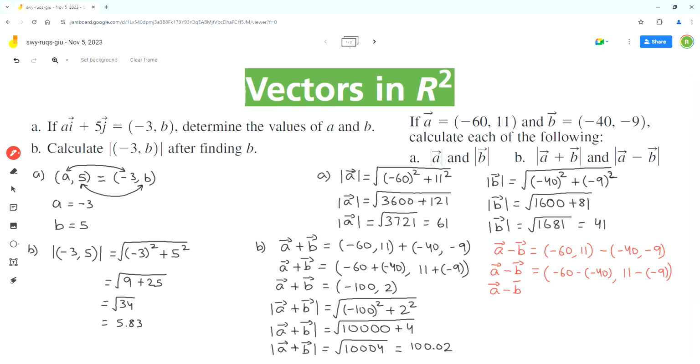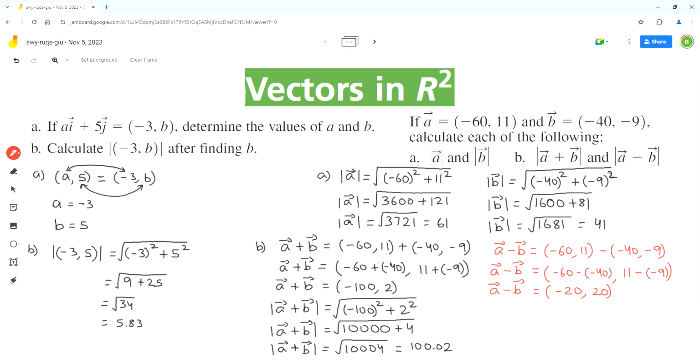So negative 60 minus negative 40 is equivalent to negative 60 plus 40. So we'll get negative 20. And 11 minus negative 9 is equivalent to 11 plus 9, which is equal to positive 20.